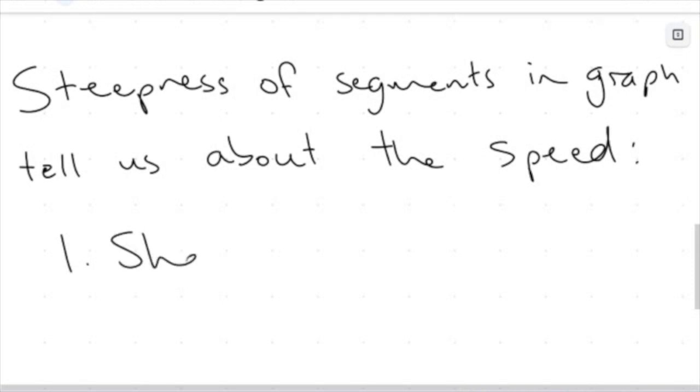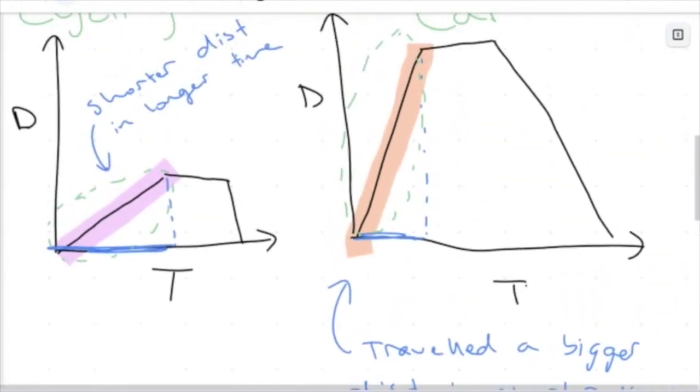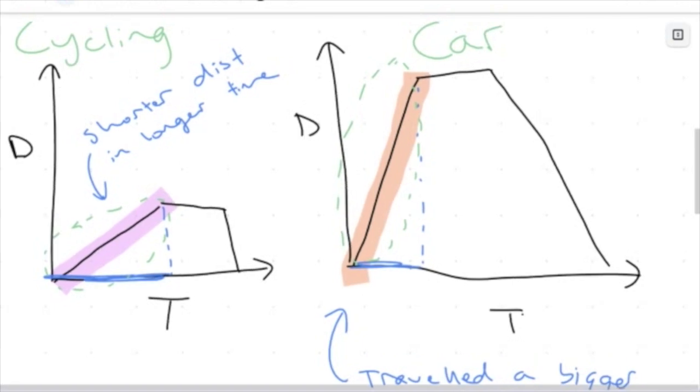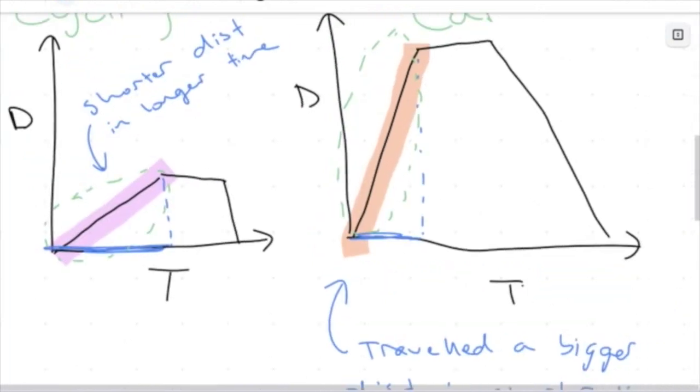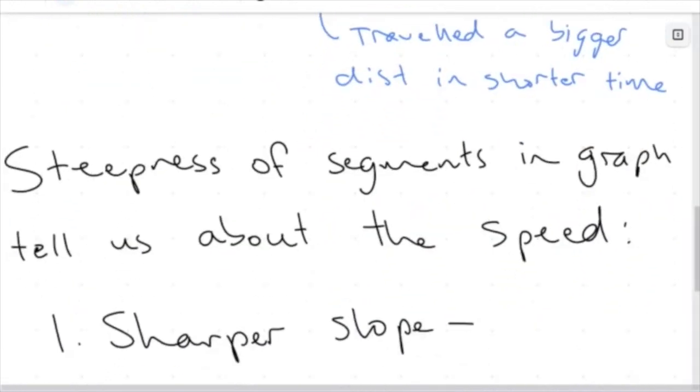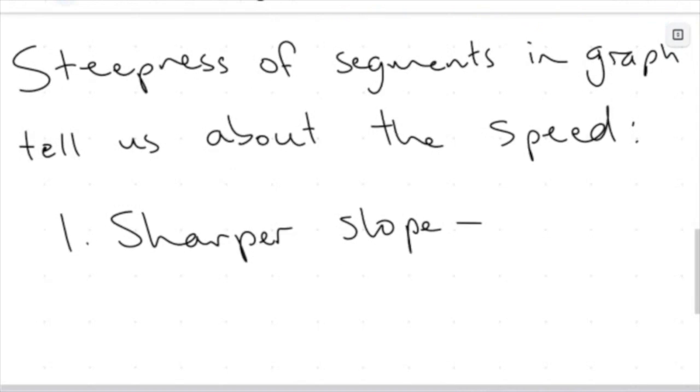So a sharper slope, say this one on the right, that indicates that I'm going quicker because I've traveled a bigger distance in a smaller amount of time. Speed is just distance divided by time. If I divide a big number by a small number, I'm going to get a big speed, right? Dividing a big distance by a short amount of time gives me a large speed. So a steep distance time graph, one with a sharper slope, tells me the speed is faster.